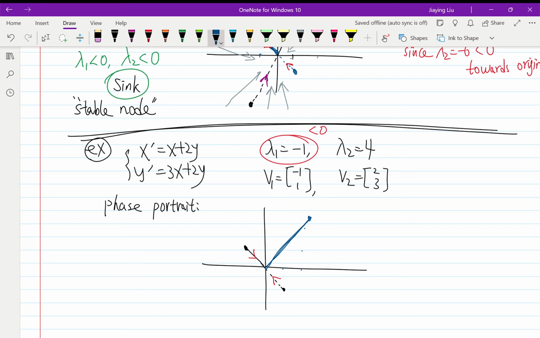This vector V2 corresponds to lambda 2, which is 4, so that's positive. When it's a positive eigenvalue, it's going to move away from the origin. So the arrow is going to point away from the origin. And when I plot the reflection, again, the arrow will be pointing away from the origin.